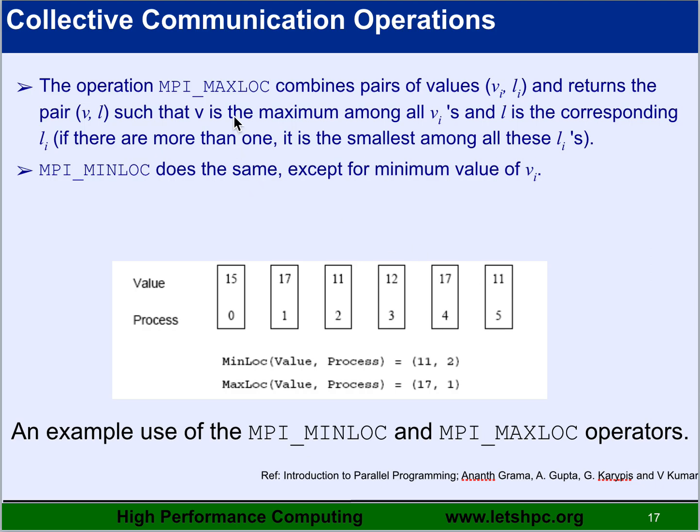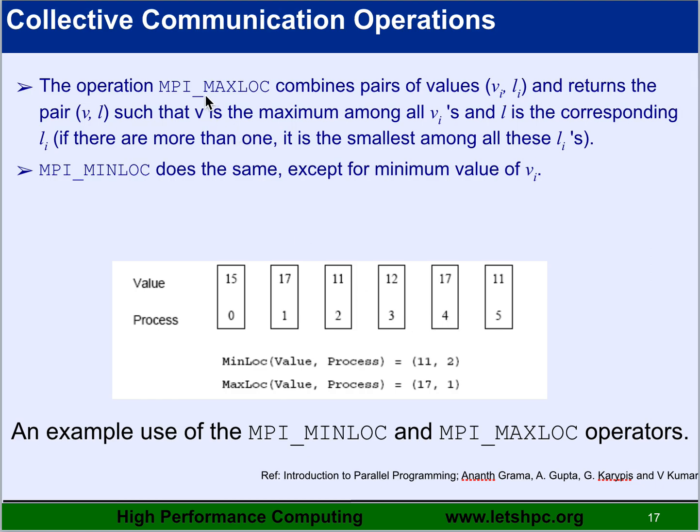Now we want to find the maximum or the minimum of these six values. As we can see, the minimum is 11. However, that is present at two processes, process 2 and process 5. Similarly, the maximum is 17. So the minimum is 11 and the maximum is 17. 17 is present at process 1 as well as process 4.